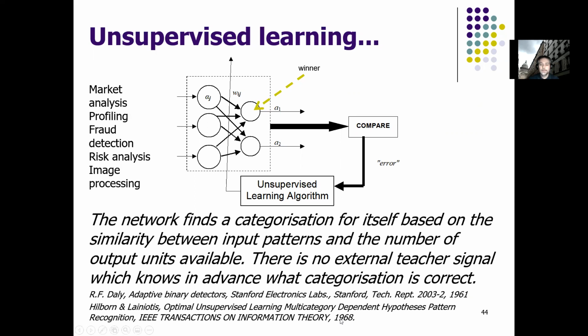And the whole idea was formalized mathematically in the context of probabilistic Bayesian theory in this paper, Optimal Unsupervised Learning Multi-Category Dependent Hypothesis Pattern Recognition, which introduced the idea of unsupervised learning for pattern classification based on Bayesian theory. It was published in IEEE Transactions on Information Theory in 1968.